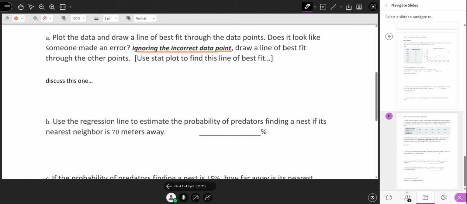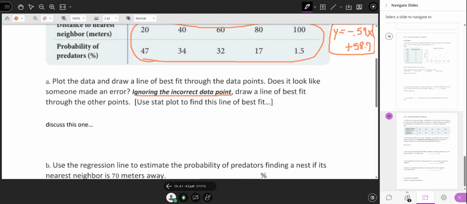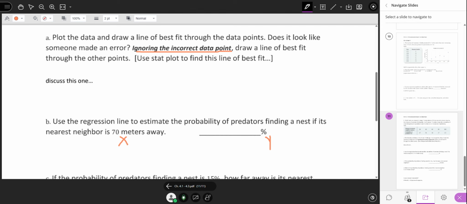Meters is X. Percent is Y. So I put 70 in for X. So negative 0.54 times 70 plus 58.7, and that gives me 20.9%.